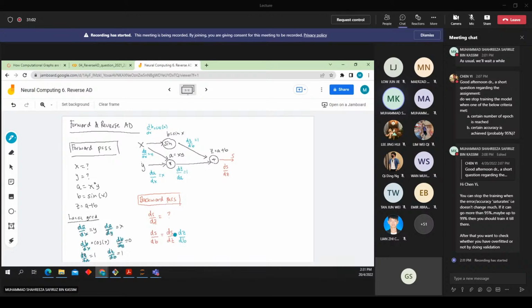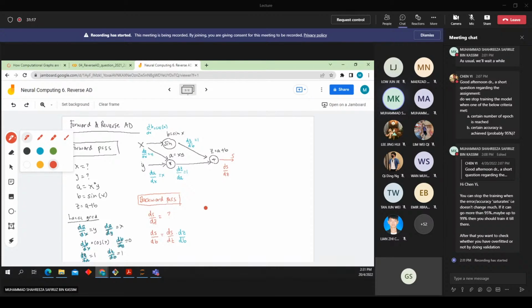So anything in blue is a local gradient. We've computed this before, so just be careful. That's why I'm writing in blue, to make it very explicit.